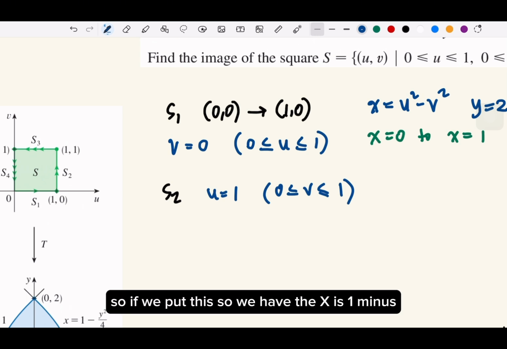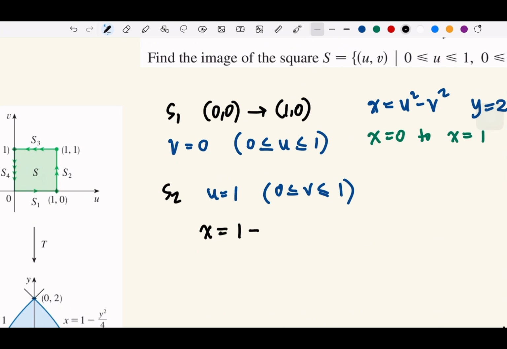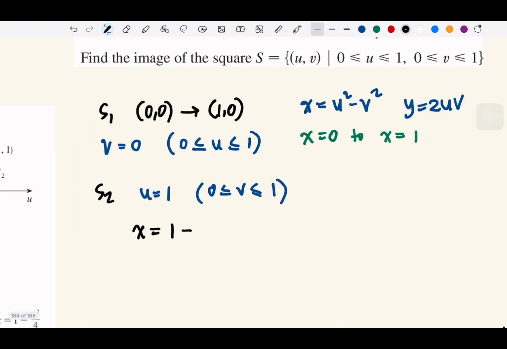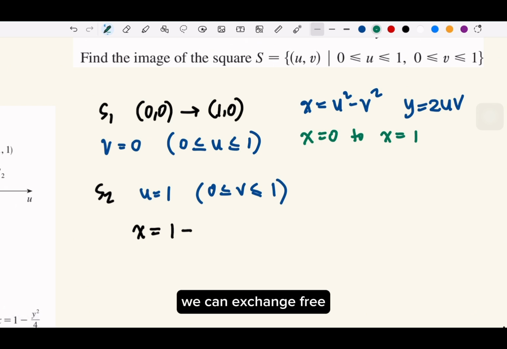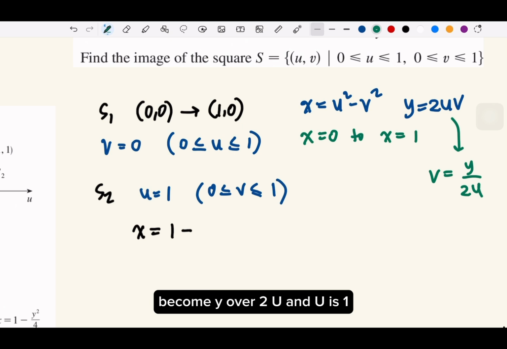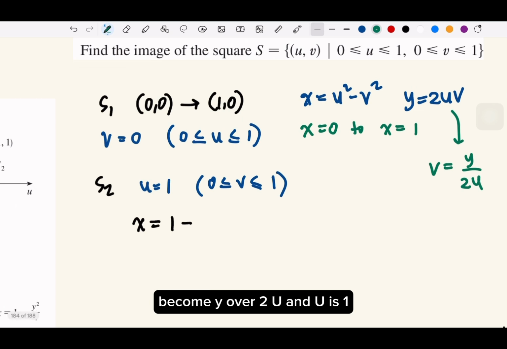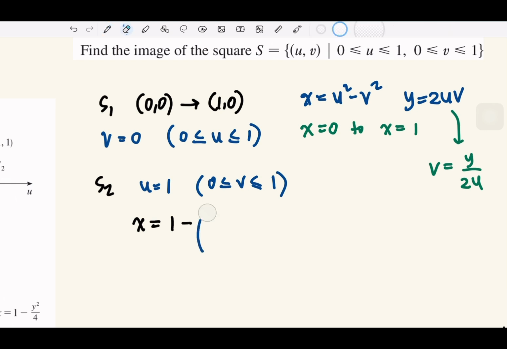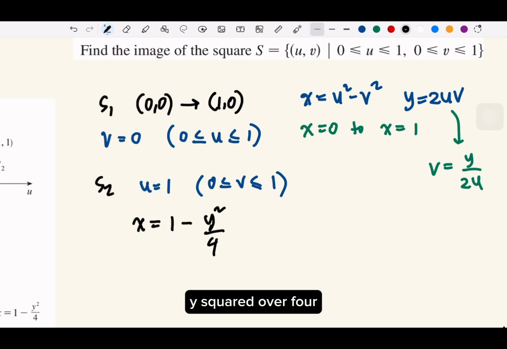So if we put this in, we have x is 1 minus v squared. We can exchange v to become y over 2u, and u is 1, so this will be y over 2, squared, so we have y squared over 4.